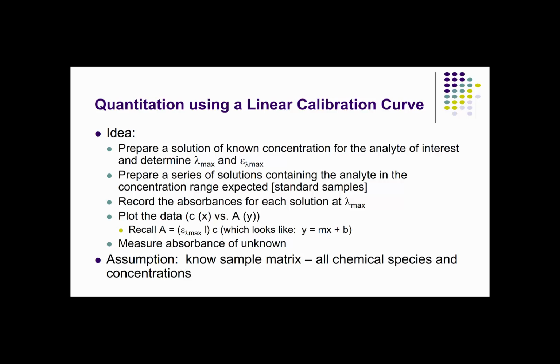And these assumptions include that our analyte is stable in solution, that it's not participating in any unwanted chemistry on the time scale of the measurements that we're making, that there really is only one material and that we're capturing it in the right form when we're measuring it at lambda max, and it is the analyte. And so if you are uncertain in terms of what's in your sample, you don't know a lot about your analyte, your sample of interest, this might not be a great approach to adopt.